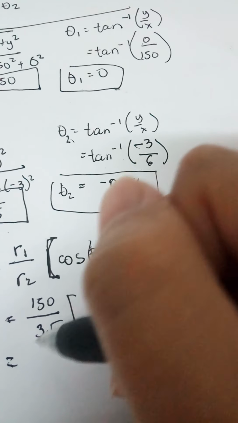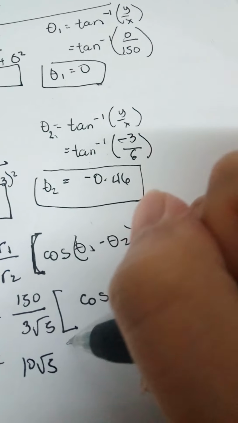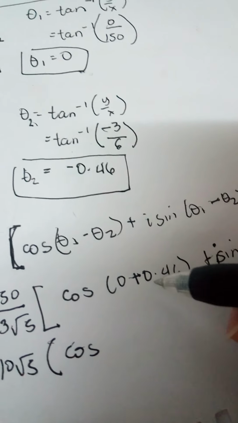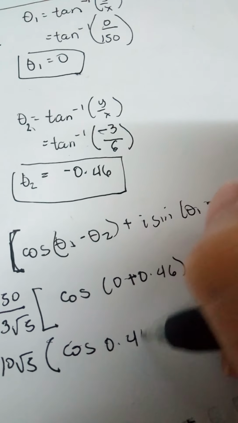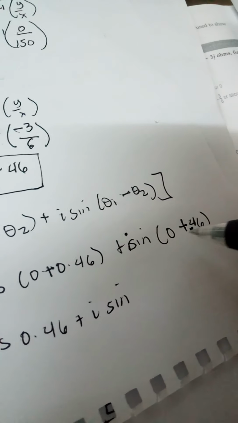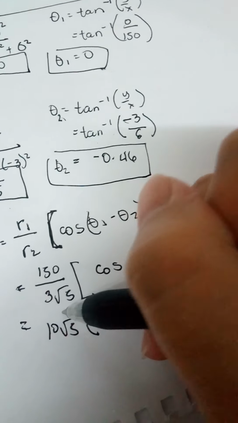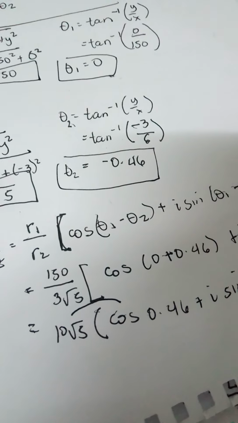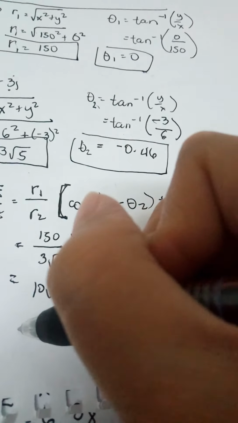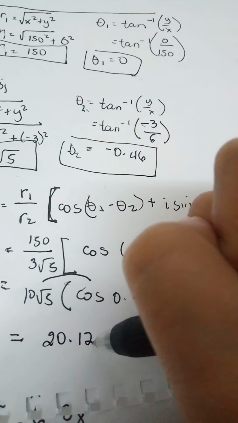Let us divide. 150 divided by 3 the square root of 5 is 10 the square root of 5. Then this is cosine 0 plus 0.46 is 0.46, plus I sine 0 plus 0.46 is 0.46. Now, distributive property: 10 the square root of 5 times cosine 0.46 is equal to 20.12.